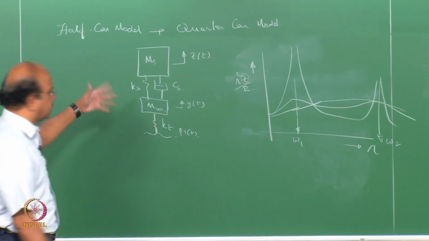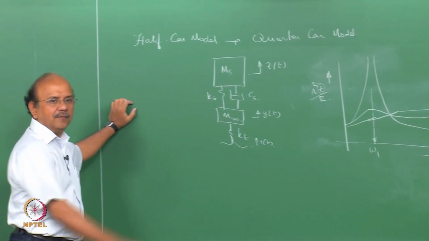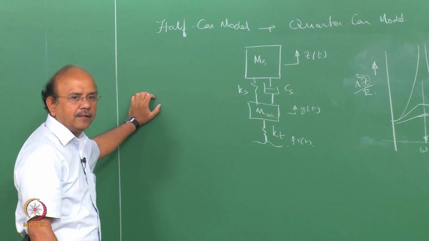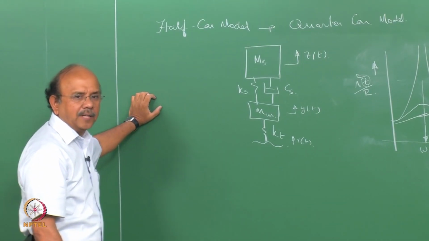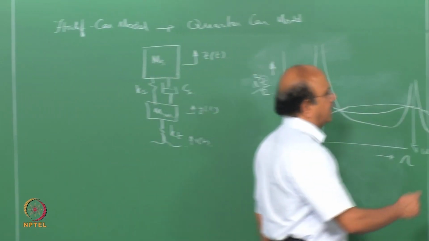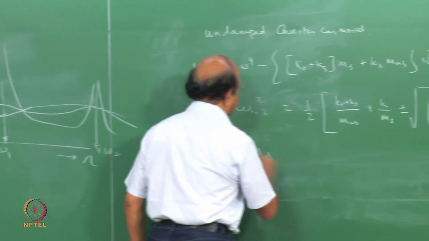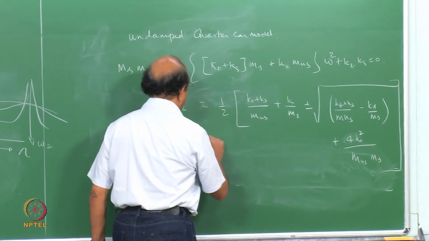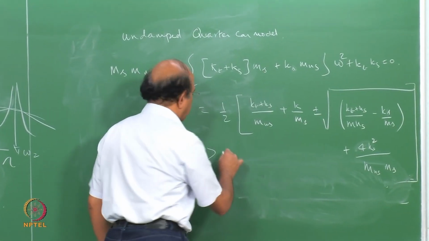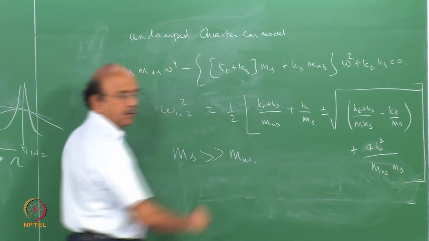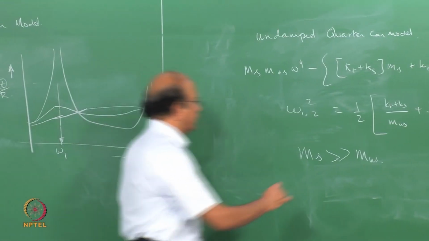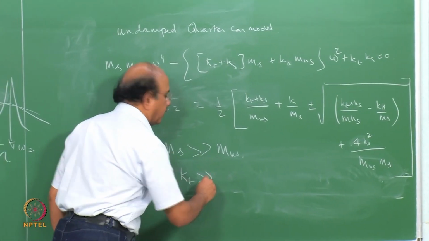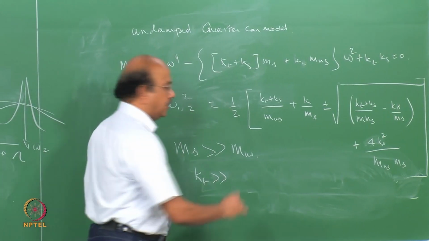But can someone suggest how else can we do it? One is to do a mathematical geometry there. For example, the first thing we observe is that the sprung mass is far, far greater than the unsprung mass, and the tire stiffness is far, far greater than the Ks.